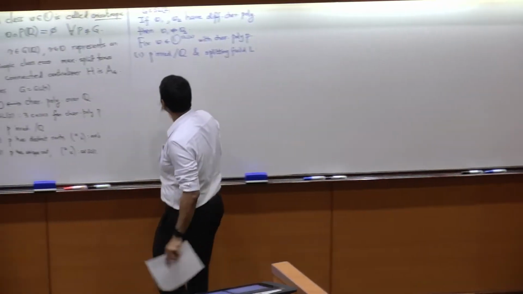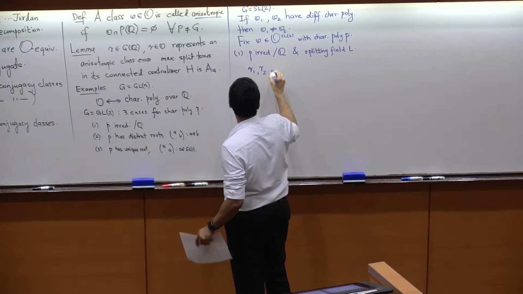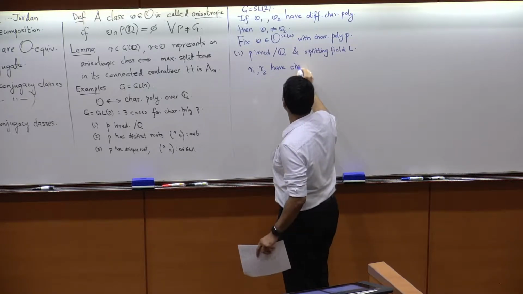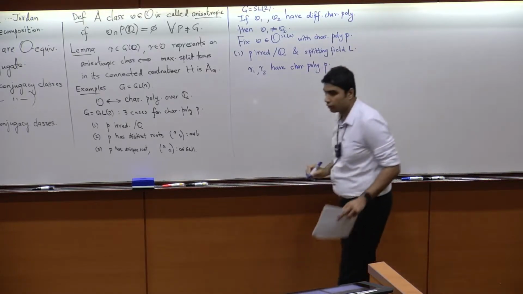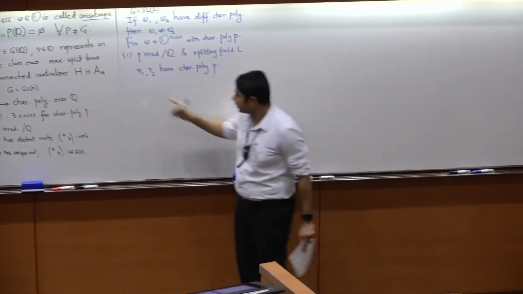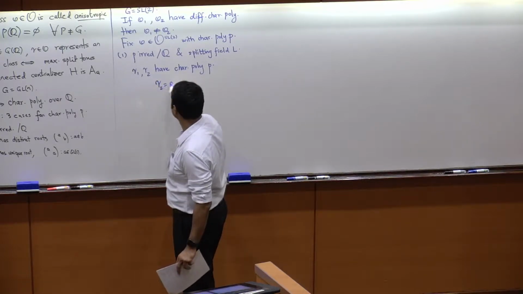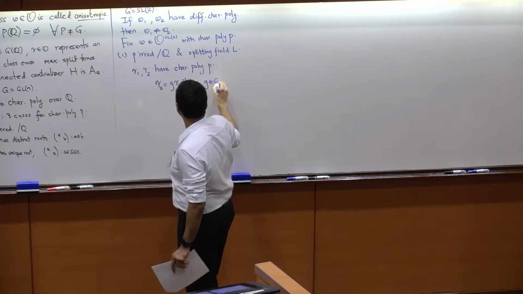And now suppose that two elements in O1 and O2, say gamma 1 and gamma 2, have the same characteristic polynomial P. Okay, so this means that they are conjugate over GL2. So gamma 2 is G gamma 1 G inverse, where G is in GL2.